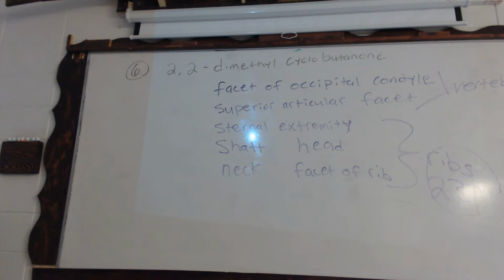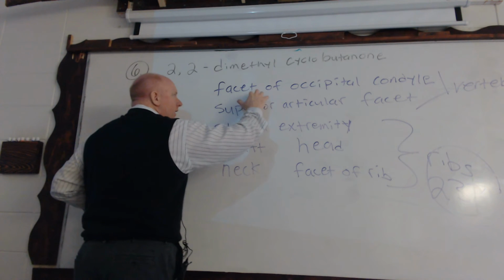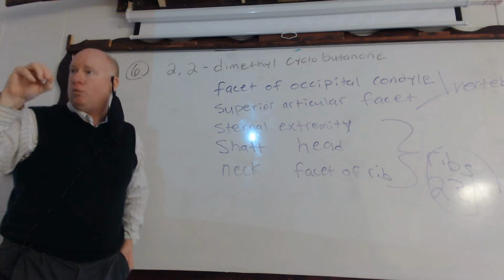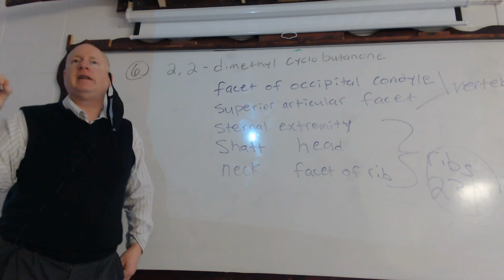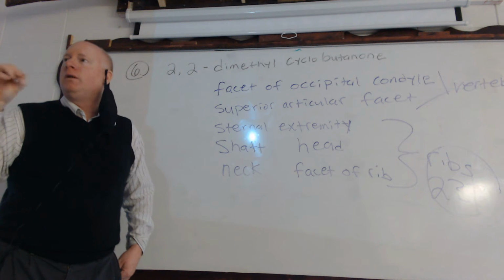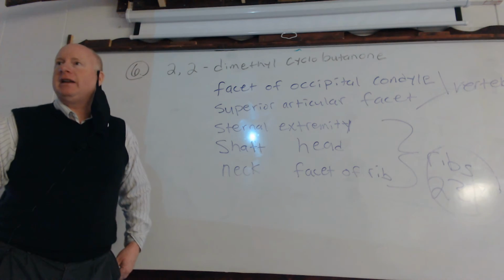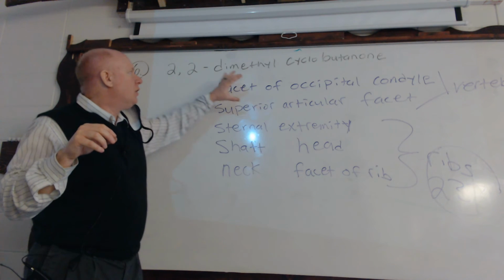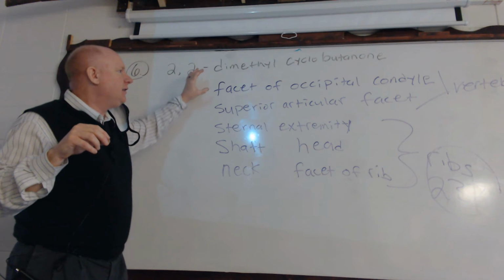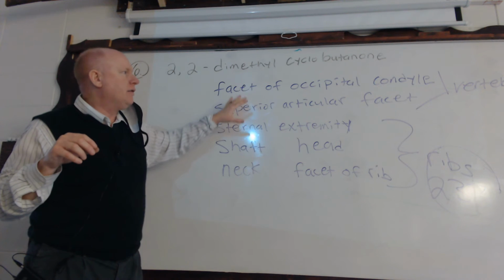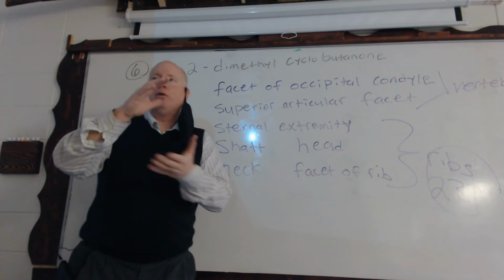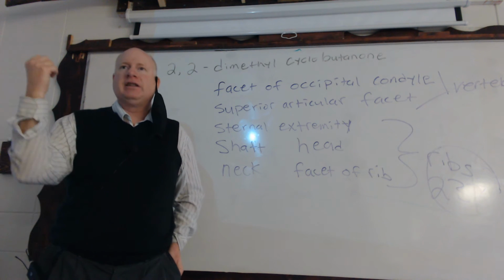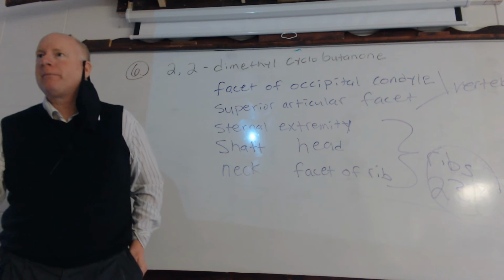So those two structures then articulate with the facet of occipital condyle, and that will help you identify which one is which. And that's another reason that that's important. If you know that the atlas is on top, which it is, well then it's got to articulate with the facet of the occipital condyle. So this one is on the atlas, okay, and then the rest of these are just how they articulate with one another, stacking like poker chips. Then the axis is the second cervical vertebrae.